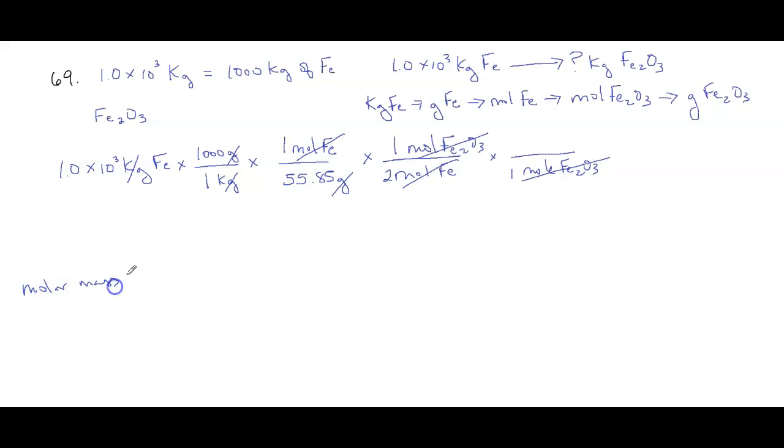Molar mass for Fe2O3, you're going to do 2 times Fe, which is 55.85 grams, plus 3 times oxygen, which is 16.00. Let's see. 3 times 16.00. That's going to give us our molar mass of 159.70 grams. So that's going to be up here. 159.70 grams is the molar mass of Fe2O3.